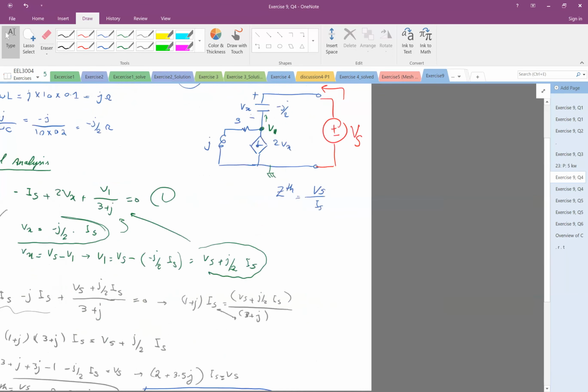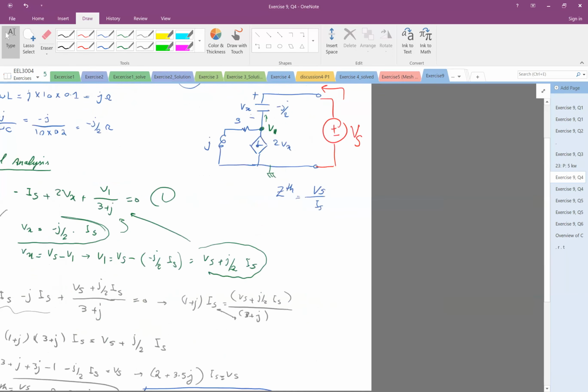Also, just as a side thing, this part is basically minus J over omega C is minus 3.5 J, right? So 1 over omega C is 3.5, and you have the omega from the top, omega was 10.